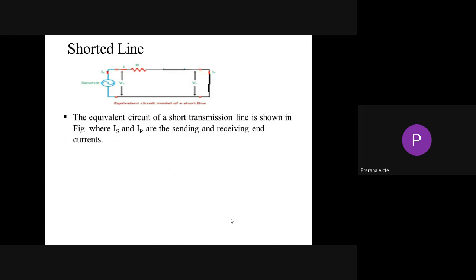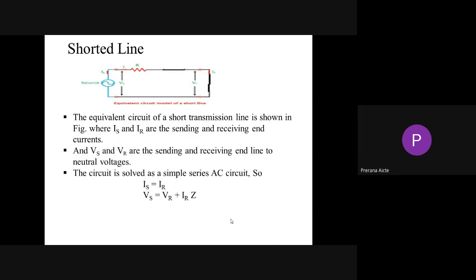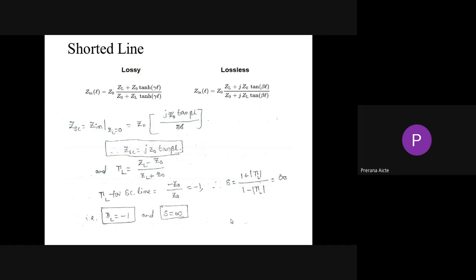Then there are different kinds of transmission lines, whether short circuited, open circuited, or matched lines. If it is a short circuited transmission line, then the condition is Z of L equals 0.